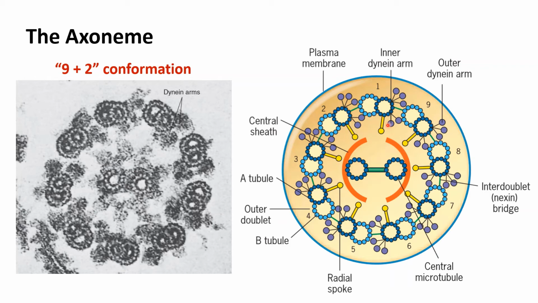There are 9 of them, just like in your centriole, but they are in pairs. And you can see projecting from the A microtubule are the dynein motor proteins, which touch the B microtubule in the next pair. So you can see how they are arranged.